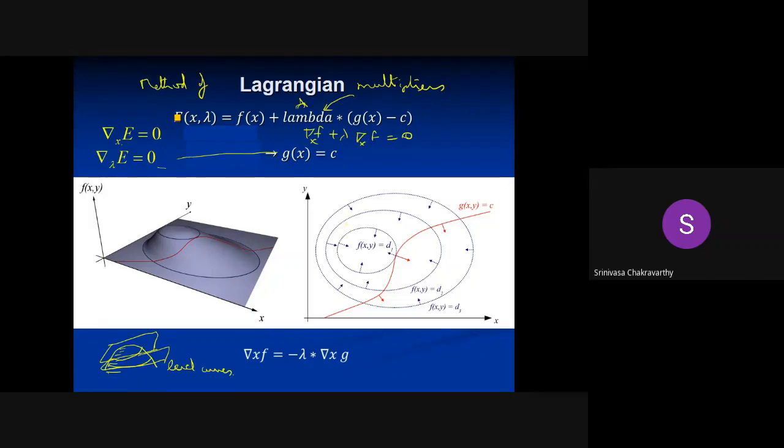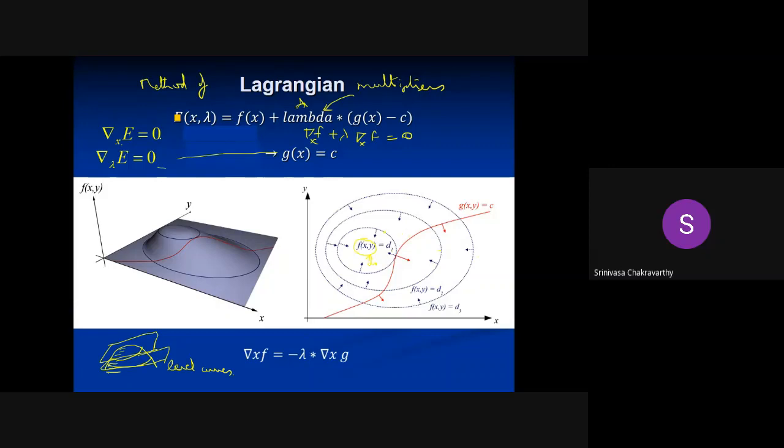Here on the right side, you can see the level curves of this surface. If I cut it at one level, the value of f of x comma y is d1, at another level it is d2, and another level is d3, and so on. You can have more levels if you want. I'll even call this d0, and so on.